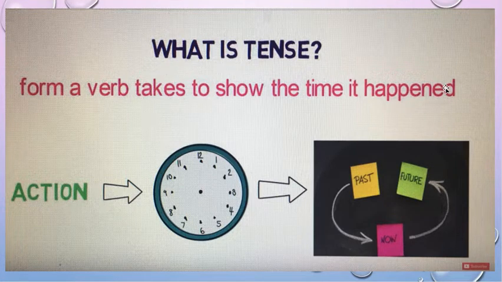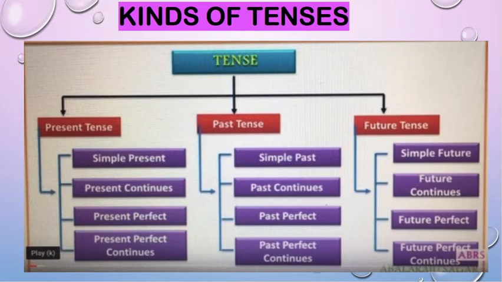At what time an action is taking place is represented by tense. It describes when an action happened with respect to time. The time of the action could be present tense, past tense, or future tense. Got it, students? Next, kinds of tenses.